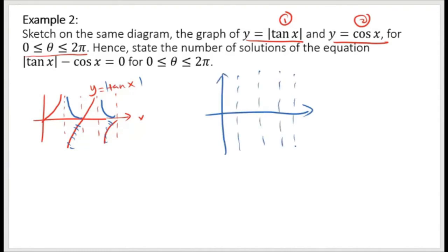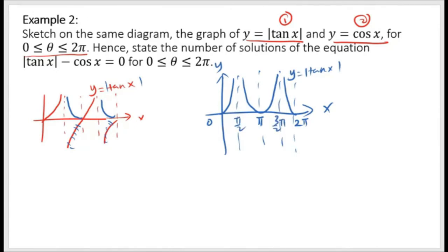So your graph for tangent is like this. 1, 2, 3. Like this. This is y equal to modulus tangent x. X, y. Remember the labeling? 2 pi, pi, pi over 2, 3 over 2 pi radian.